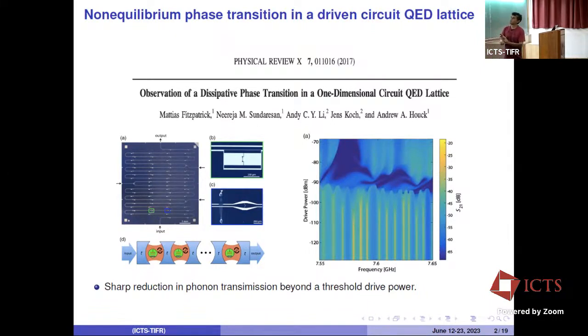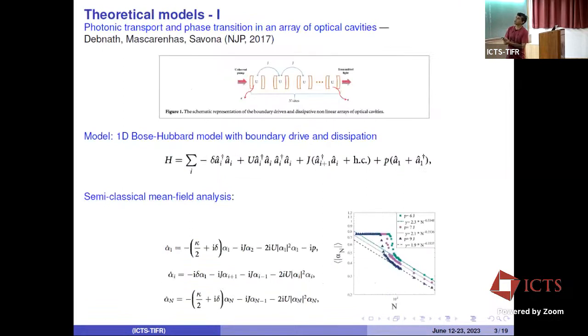The simplest model: there was a paper after this experimental paper where they wrote down a model for this system. It's a 1D Bose-Hubbard model, where you have some interaction, some hopping, and some drive at the ends. You are periodically driving at this end, and you have some dissipation at both ends. Then you want to look at the transmission at the other end.